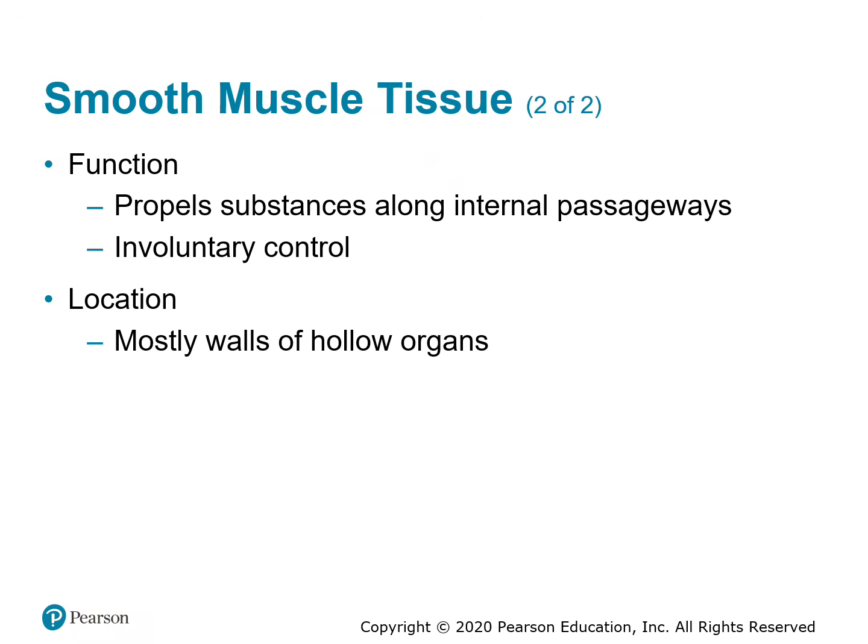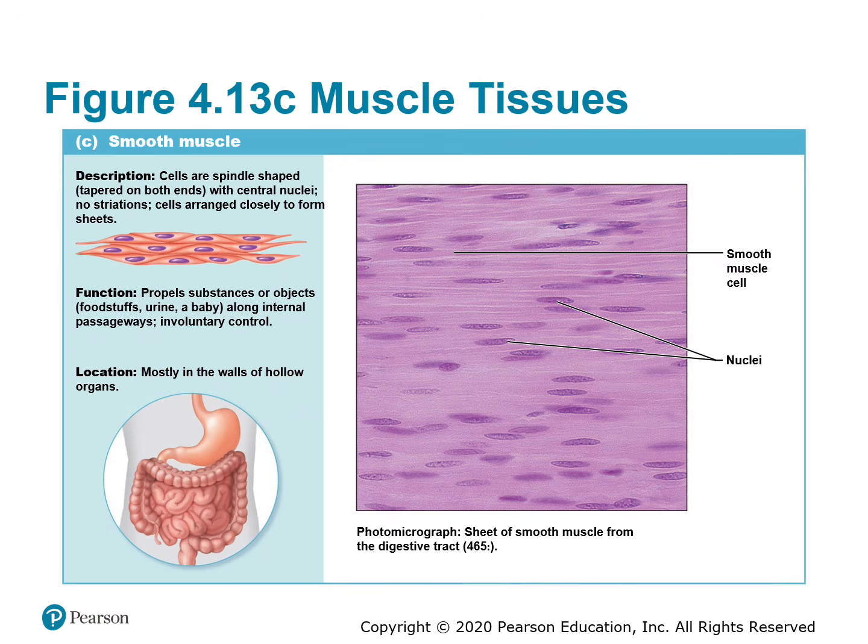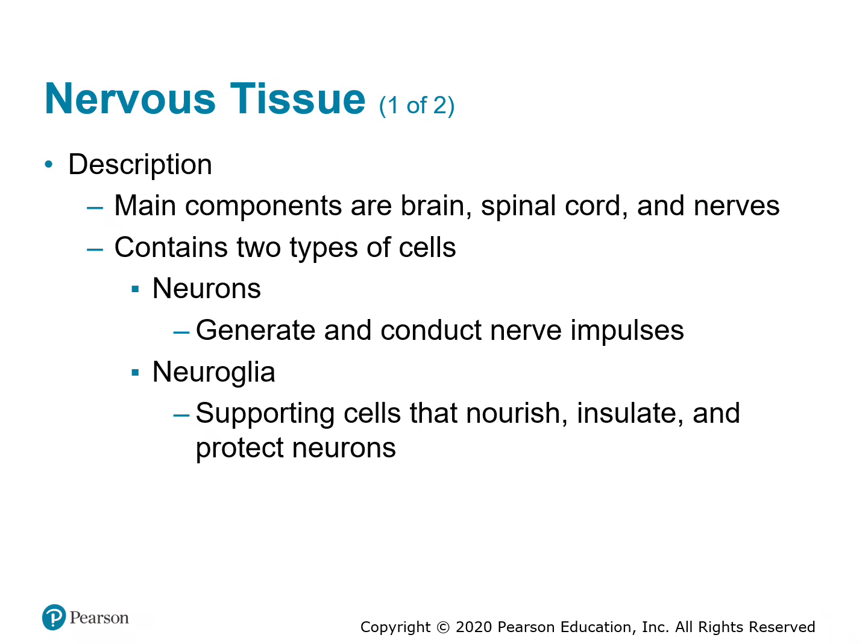So you're going to find this mostly in hollow organs, your large intestine, your small intestine, your esophagus, anything like that. Okay? That's what it looks like. No striations, nucleus here and there, but nothing too crazy. Okay. And that's it for muscles, just those three tissues.